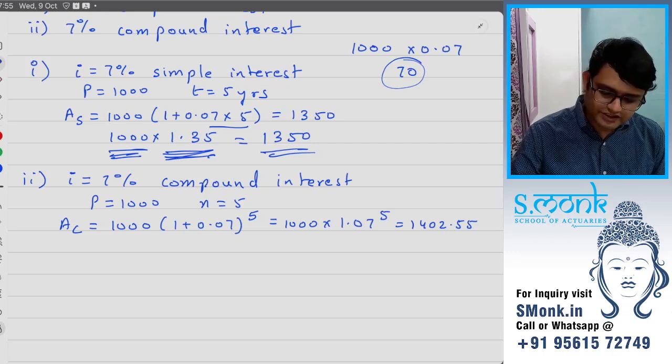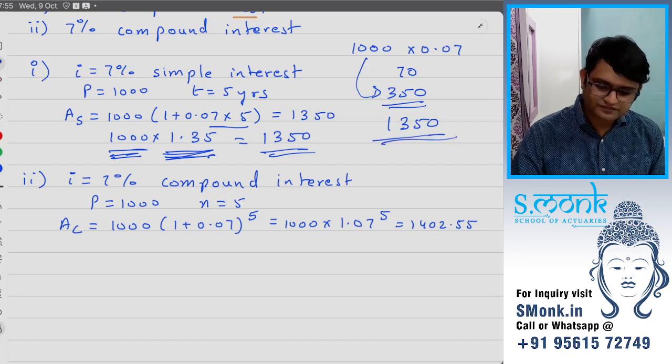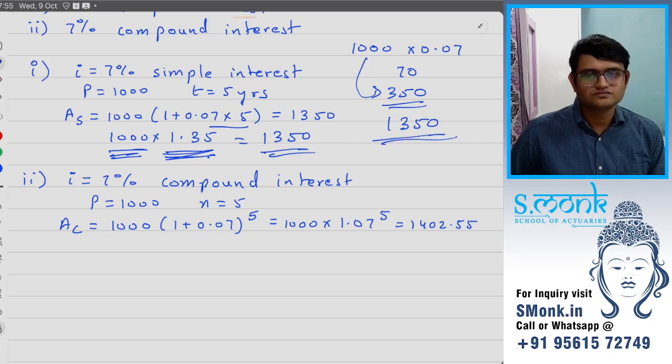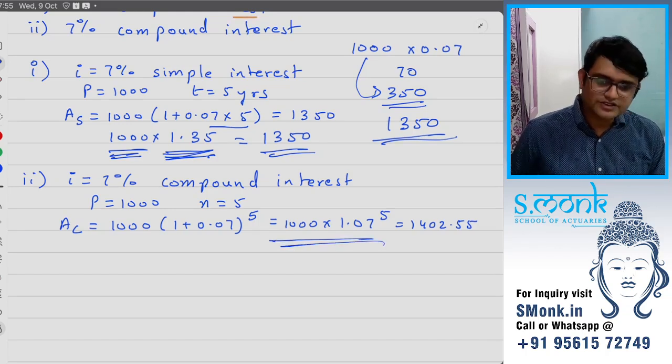For 5 years, that interest will become 350. I can add 1000 to it, and finally I have to return 1350. Simple calculation. We did not require a calculator for it. Can you do that in compound interest?